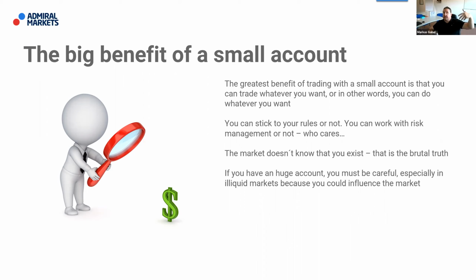If you have a Canadian oil sands share, you cannot go into the market with 1%. You destroy the market. It doesn't work. If you have a huge account, you cannot do what you want.